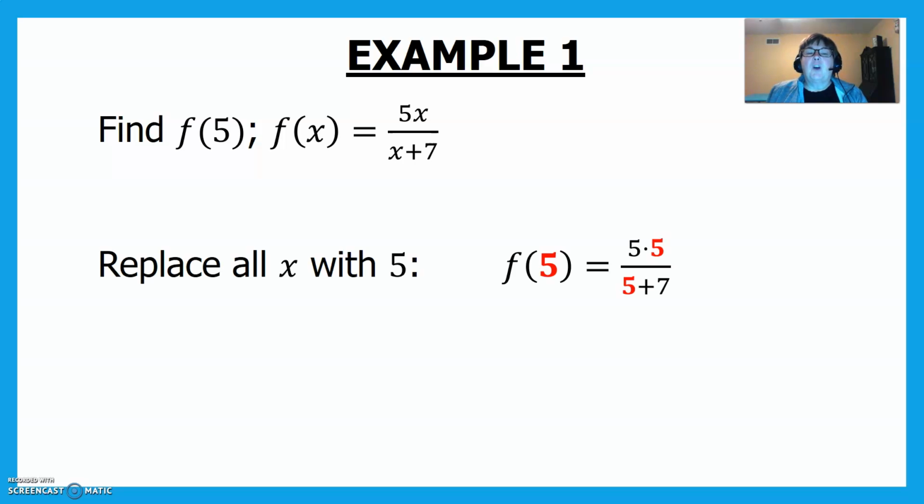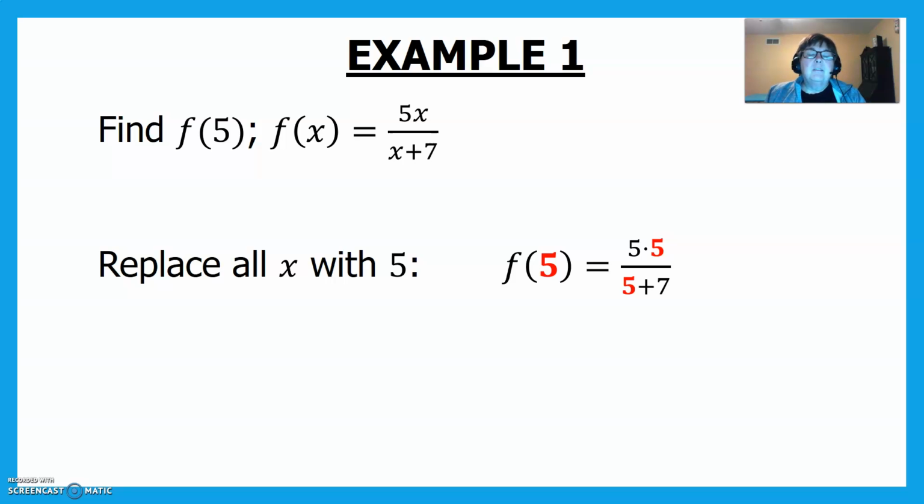So I'm going to replace all x with 5, and I get f of 5 equals 5 times 5 over 5 plus 7. Now, this f of 5 just stays f of 5. It's just like a y. It's just a notation. It's not any math. So we don't do anything on the left-hand side. We just leave that alone, and we work out the math on the right-hand side.